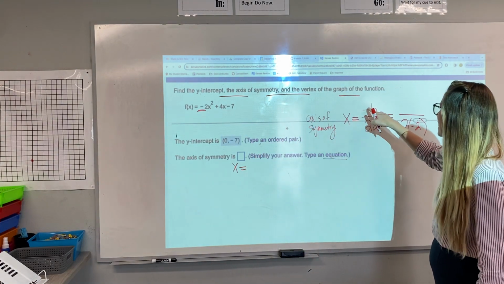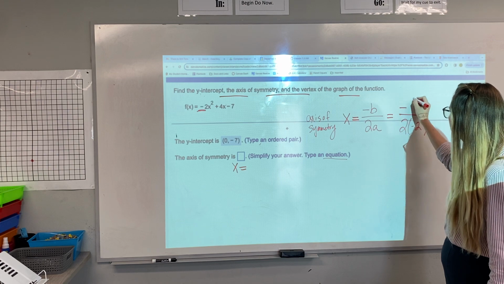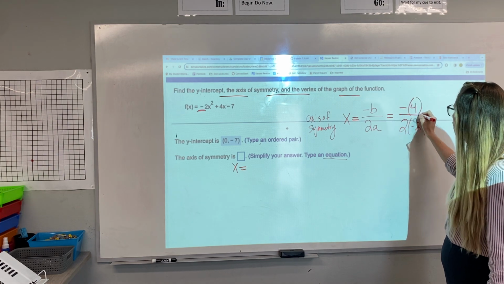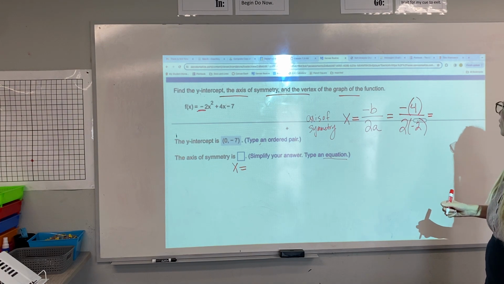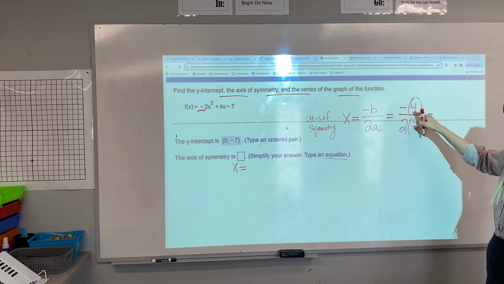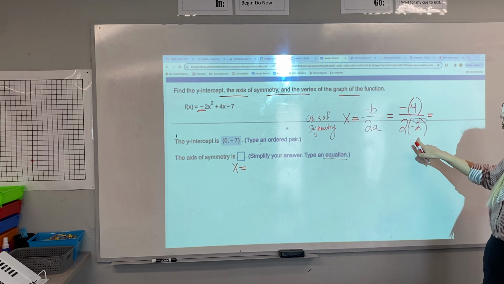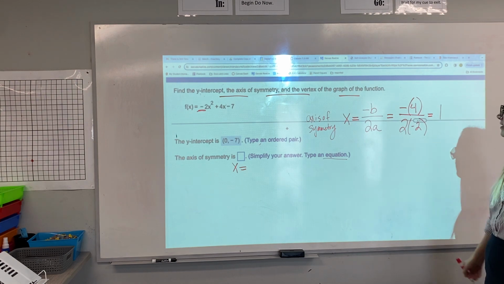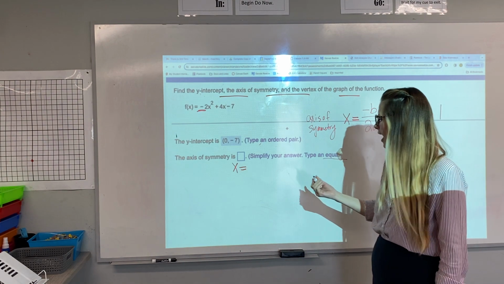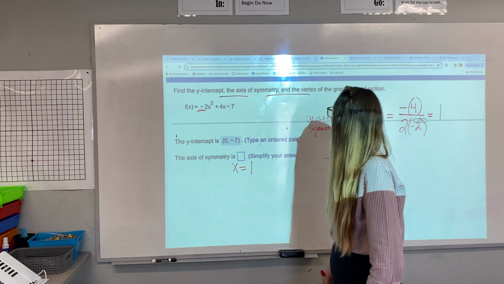But remember, this is negative B, so I have to do -4. Are you guys with me on that? Okay. So then I have -4 over -4. What does that equal? 1. -4 over itself is +1. So the axis of symmetry is 1.